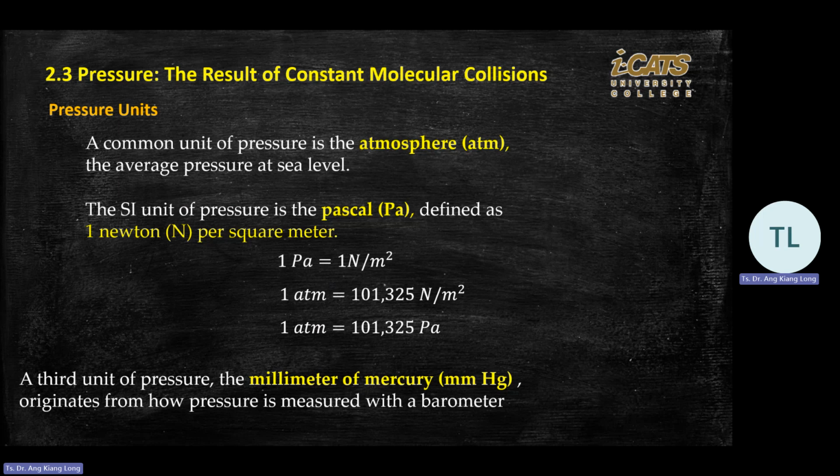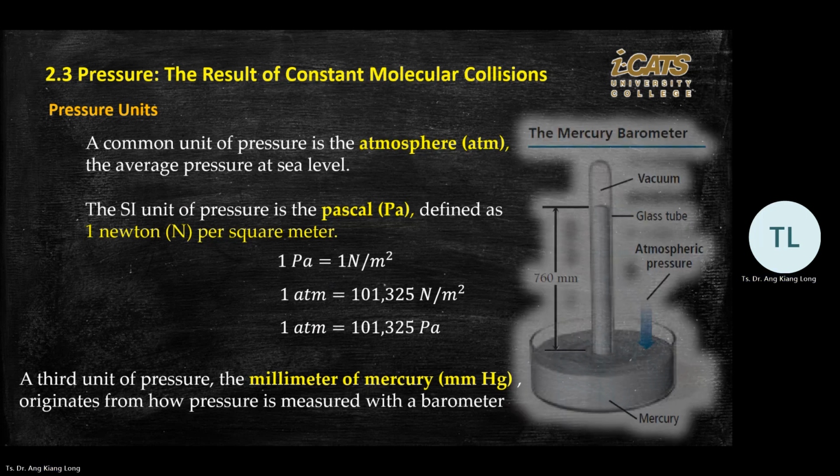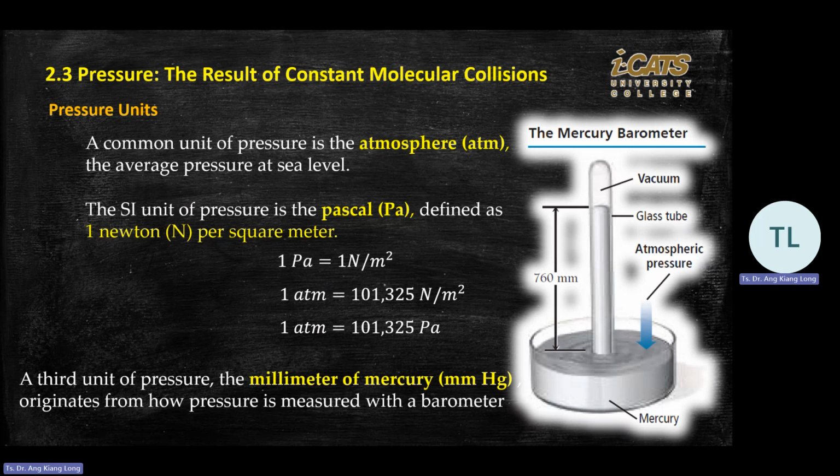There's a diagram asking you about the height of liquid, and there's a pressure that pushes from atmosphere. And atmosphere changes with height and temperature. So the higher the atmospheric pressure, the higher the mercury height will be pushed.